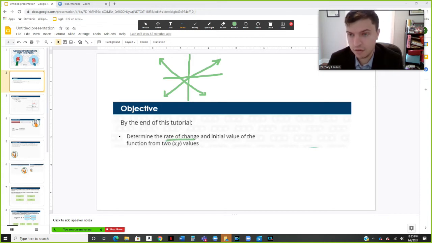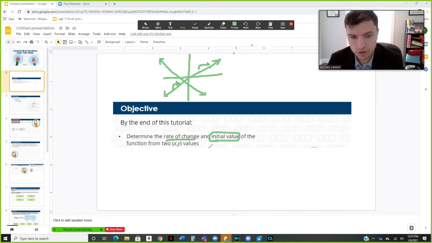From this point to this point, the rate of change is the same as over here. And if we know the rate of change, we can plot points outside of what we've already taken into account. Also, the initial value gives you a starting point for where to apply this rate of change, right?